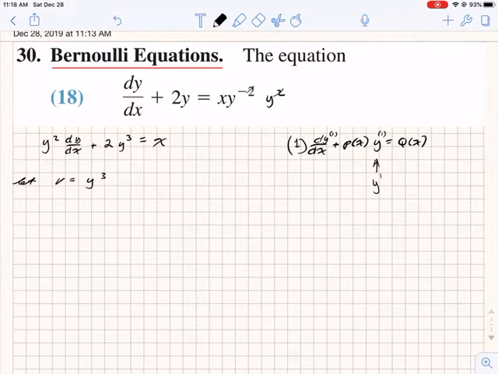Now notice, if we let v equal y cubed, look at this y squared, which is, if we take the derivative of y cubed, we'll obtain y squared.